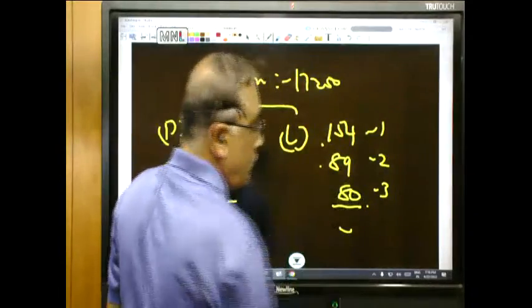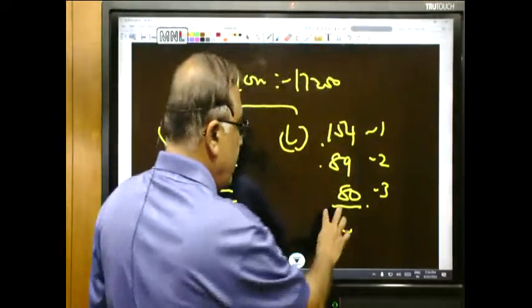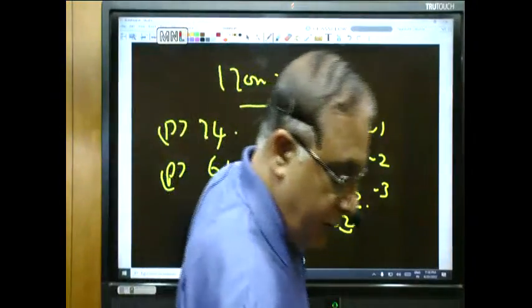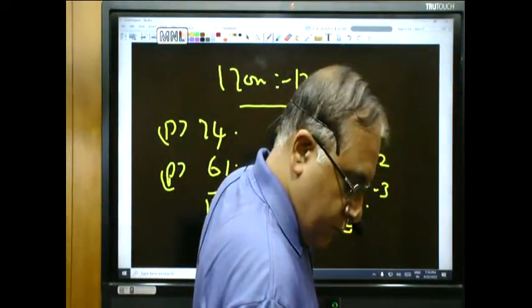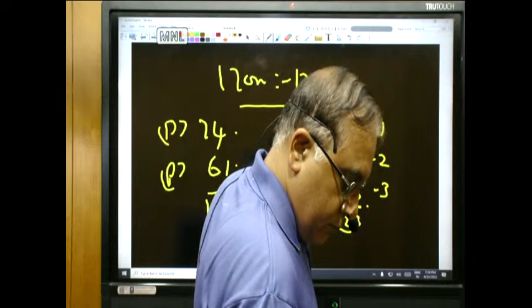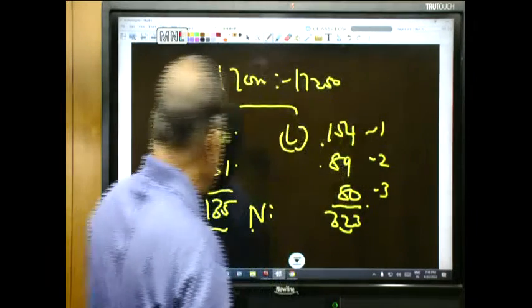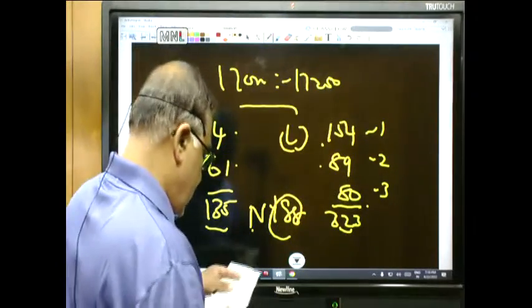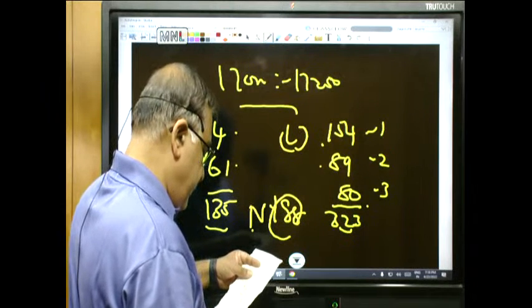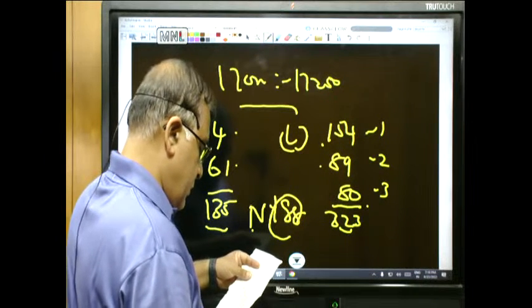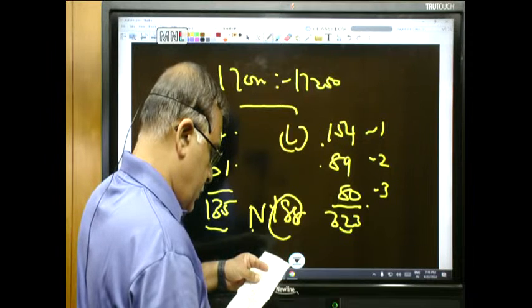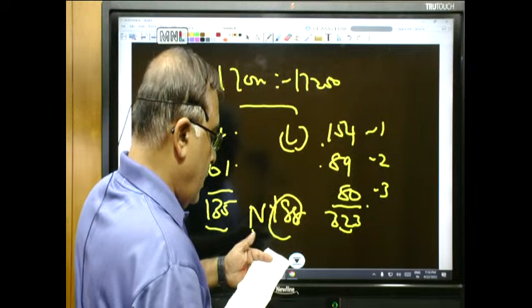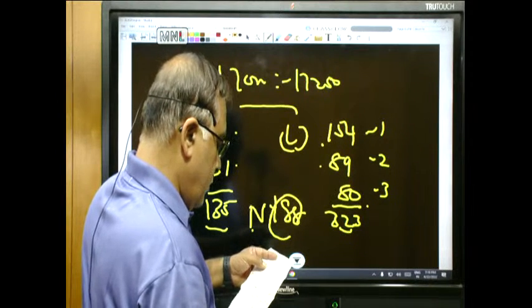Okay, 234 plus 89, 323, right? So the net was 323 minus 135, 188 rupees, right? Is it 188 or, sorry, I think some value is 154.